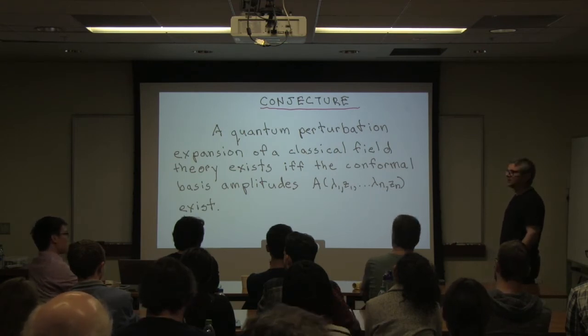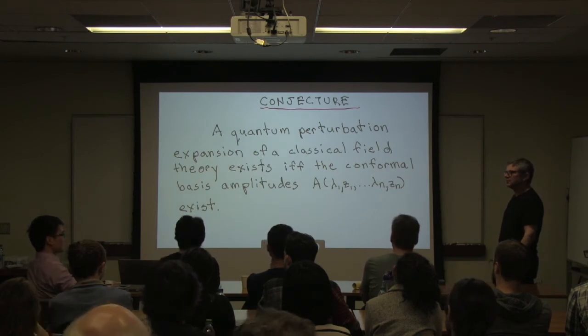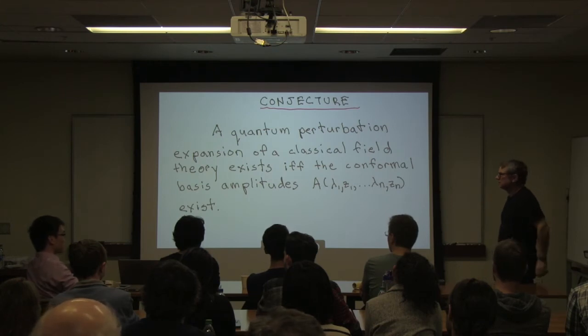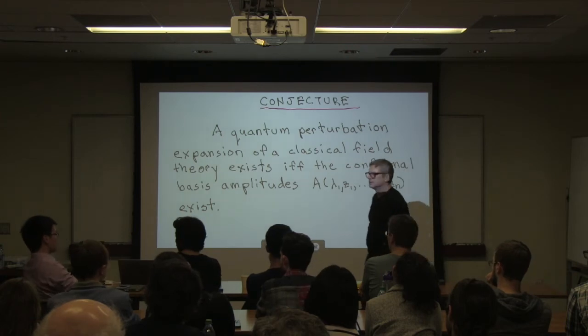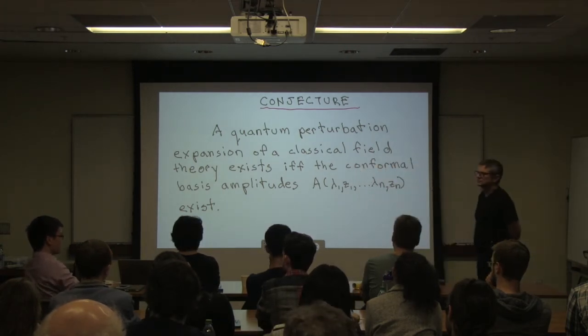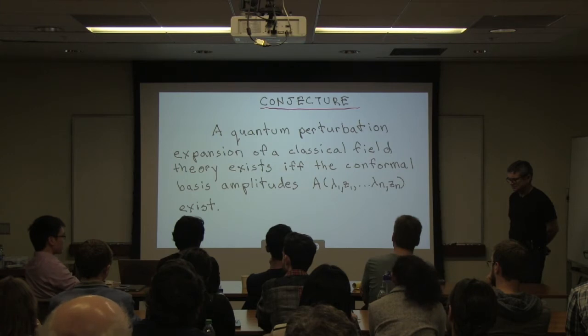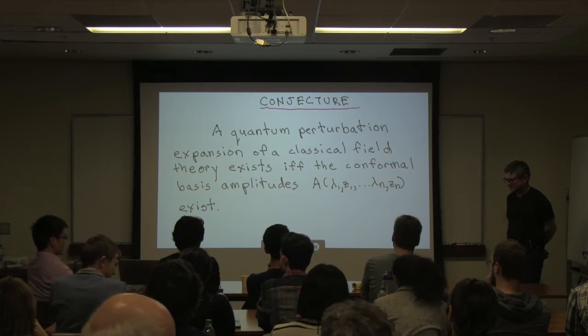But the first thing that would come to my mind is, say, let's consider a scalar theory, and I add phi to the 4 to the Lagrangian. Phi to the 4 is famous because with one sign it admits a UV completion, but with the opposite sign it's known to violate unitarity. It's hard for me to imagine that just by changing the sign, one amplitude is finite in the conformal basis, but the other sign is not.